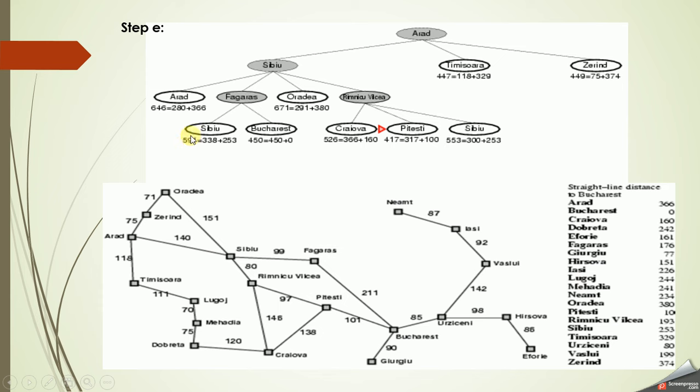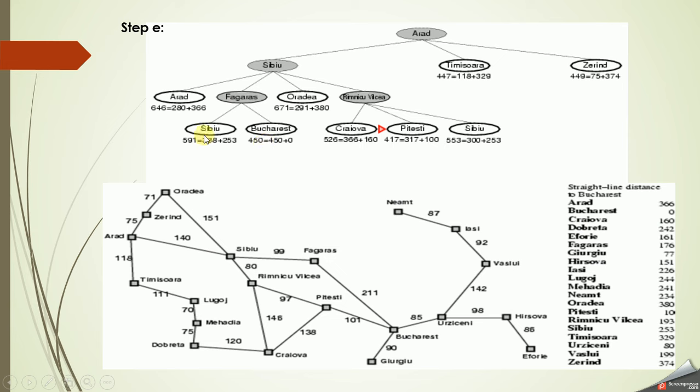So we have got the f of n value as 591. Similarly, calculating for Bucharest. This Bucharest is our goal node. So we have reached the goal node. By calculating in a similar way, the g of n value is 450 plus Bucharest's value is 0. So 450 plus 0, we have got 450.